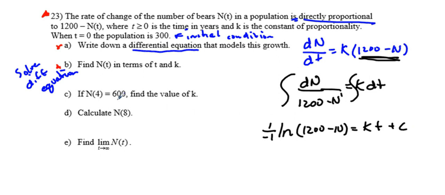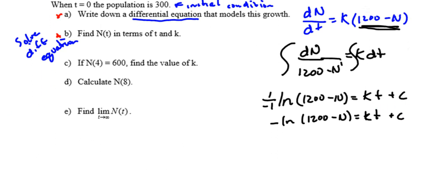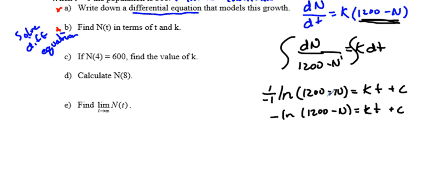Now I want to find this in terms of N of t. We can simplify this a little bit: negative natural log of 1200 minus N equals kt plus c. We are now going to plug in our initial condition to solve for c.